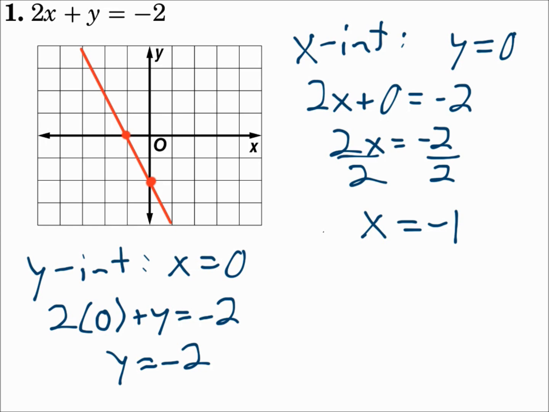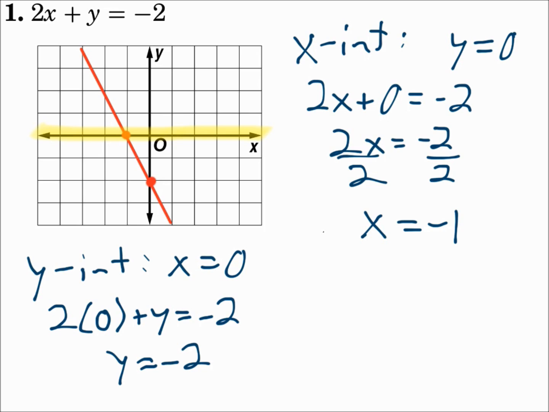You always need 2 points to make a line, so use the x and y intercepts. For the x-intercept, make y equal 0, and for the y-intercept, make x equal 0. Now remember, the reason that works is because for the x-intercept, it's where the graph crosses the x-axis.